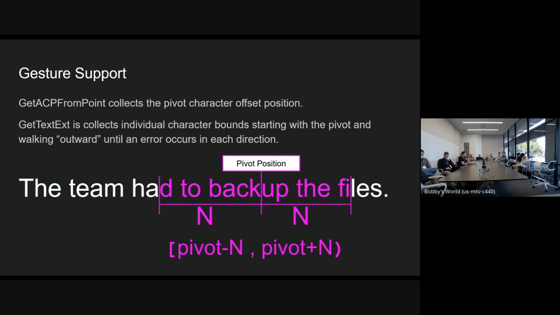This will inform it of what character offset is the starting point, and then GetTextExt, which is collecting the individual bounding boxes based on the offset. And again, for views, it doesn't need to do this. It can just query that data directly, and we can synchronously provide that.